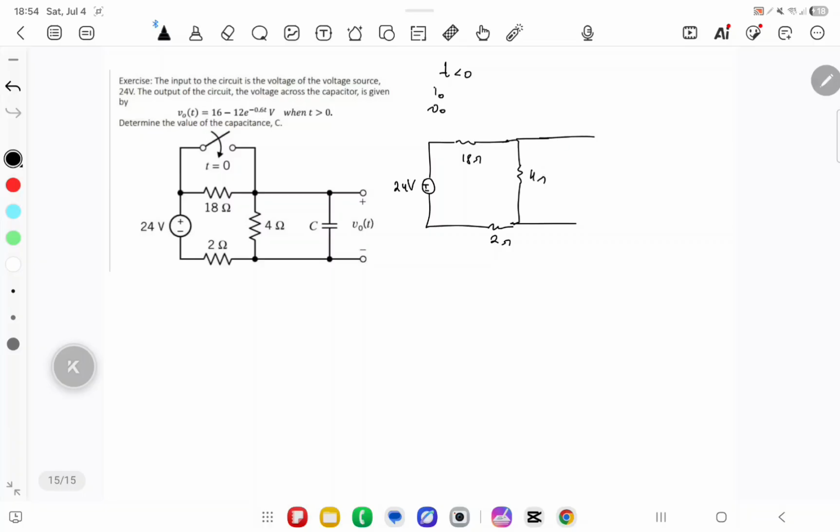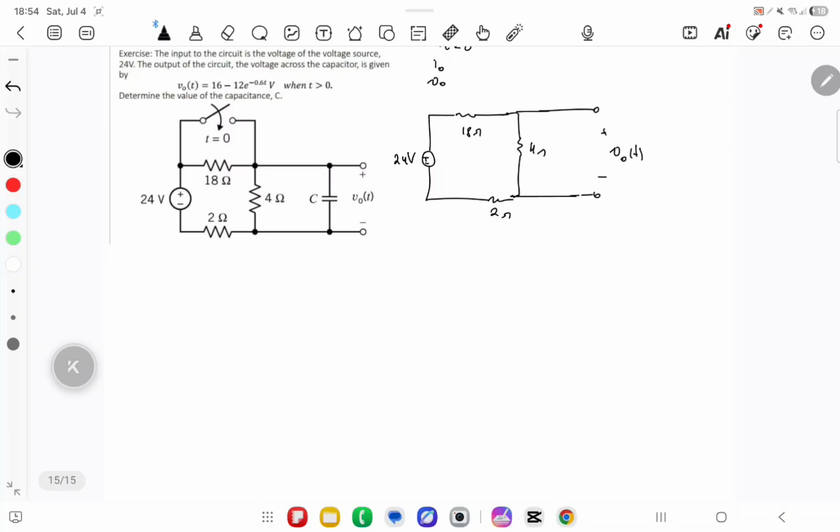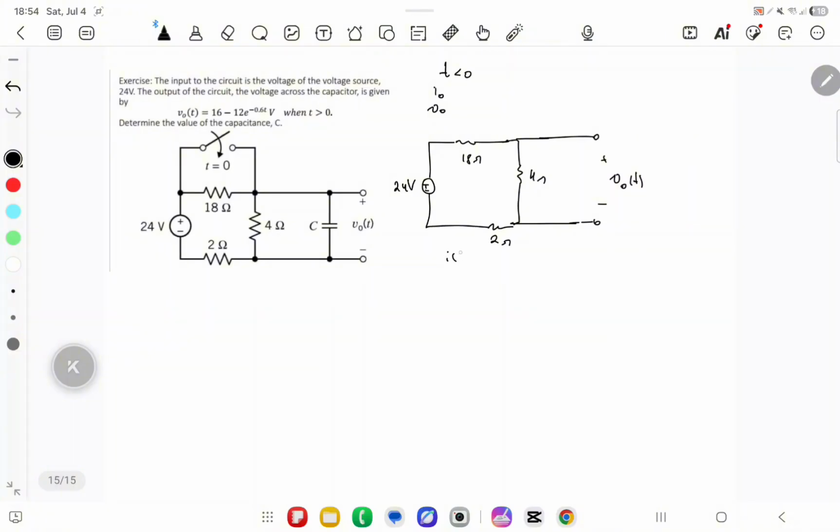We overlook our capacitor for a while and just draw the V0 of t. So here, as we can see, there is no I of t, so we can forget about the initial value of I, and all that we have to find is the initial value of our voltage, and initial value of our voltage is just the voltage drop across our resistor.